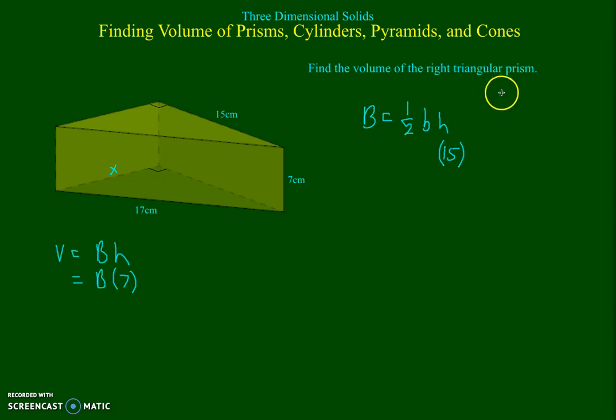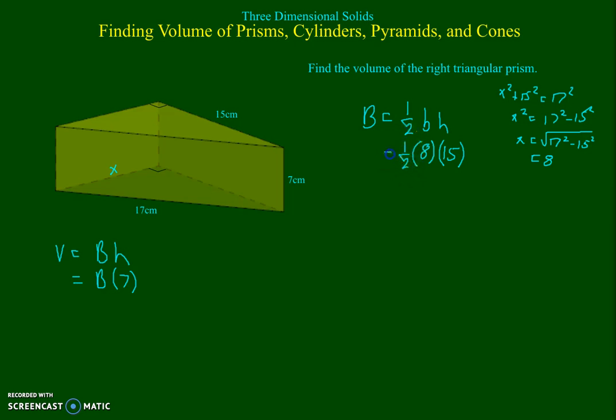And so you know that x squared plus 15 squared equals 17 squared. x squared equals 17 squared minus 15 squared. And then x equals the square root of 17 squared minus 15 squared. And that's going to come out to 8. Alright, so we know that this base length is 8.